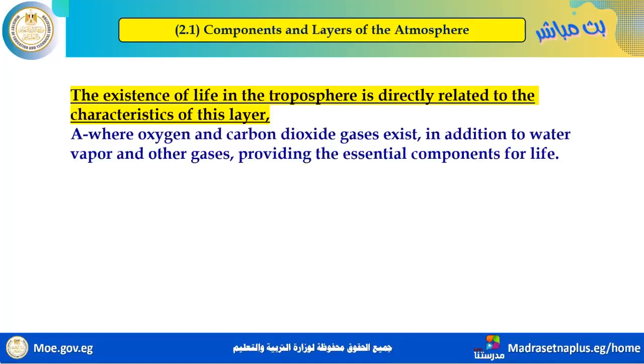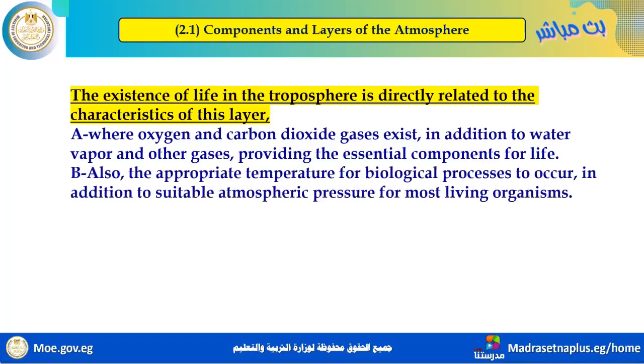We know that oxygen, carbon dioxide and nitrogen are found mainly in this layer. Oxygen and carbon dioxide exist in addition to water vapor and other gases, providing the essential components for life.